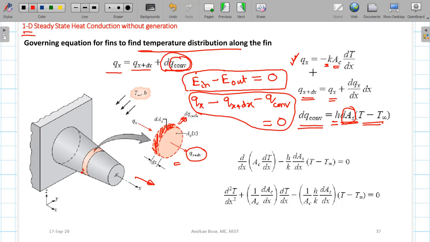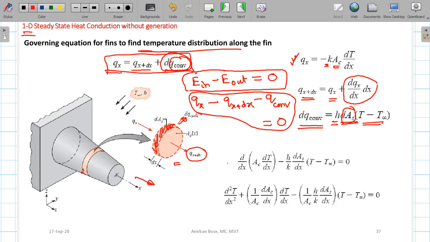Okay, so if you put all these three terms in this equation, what you will get is this quantity, d/dx of Ac dT/dx, minus h by k dAs/dx into T minus T infinity, because the Qx will cancel and only this part will remain.